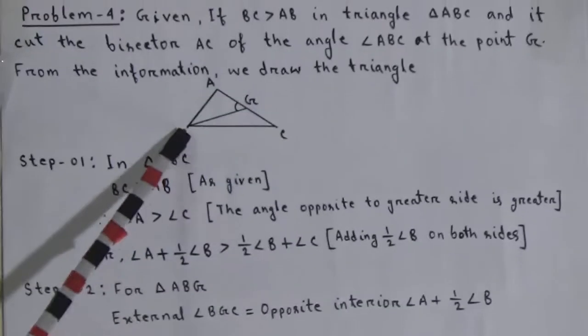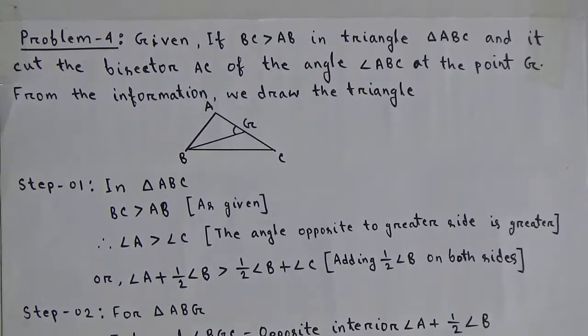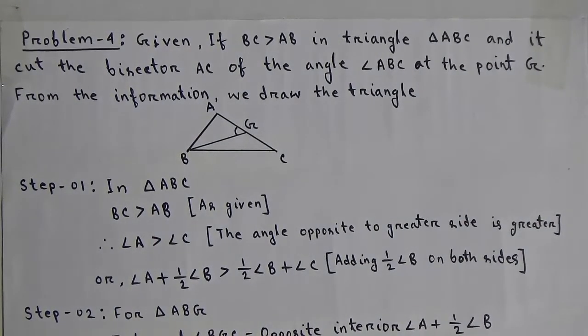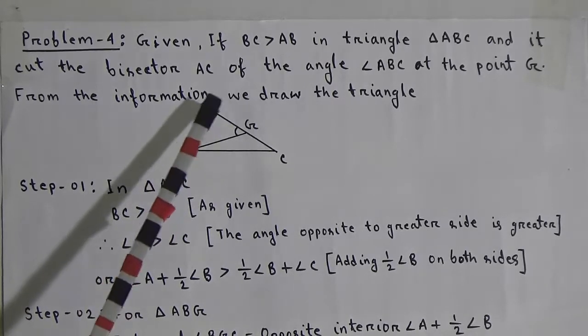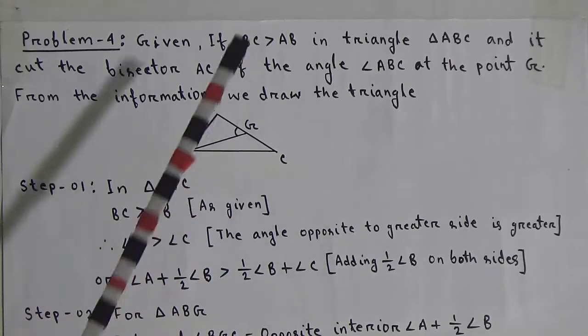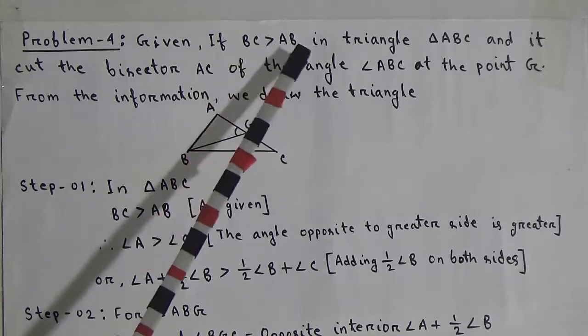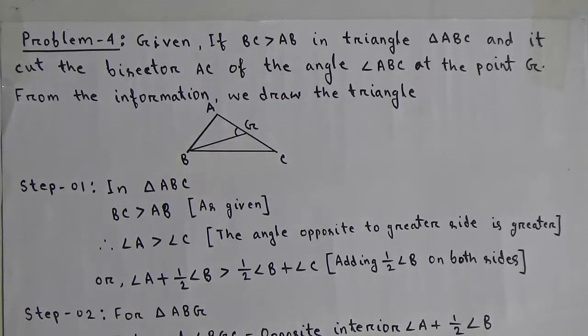We'll solve now problem number 4. Here in the question it is given that there is a triangle ABC and its side BC is greater than side AB.